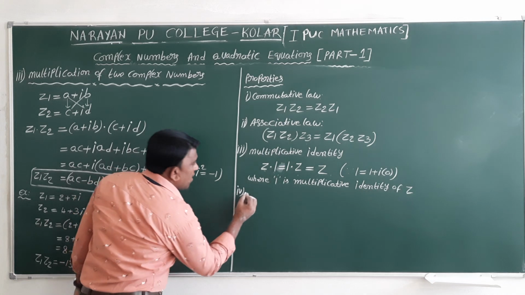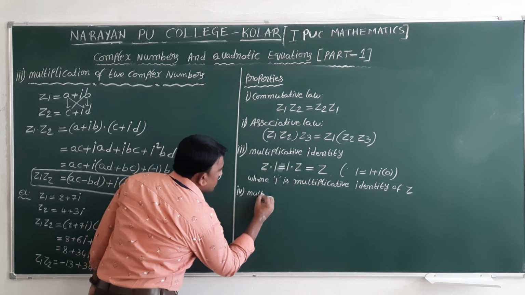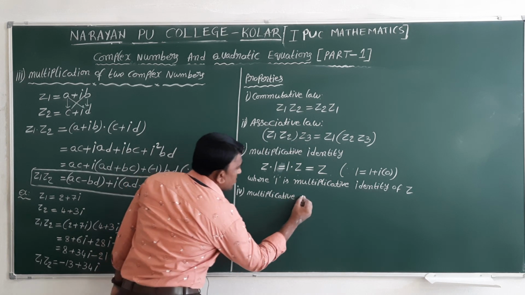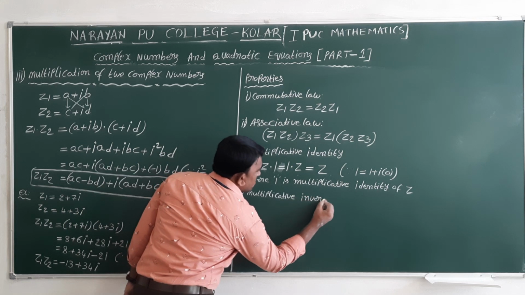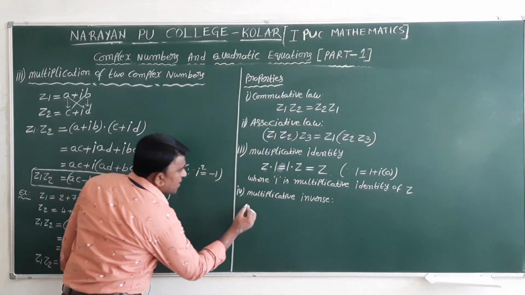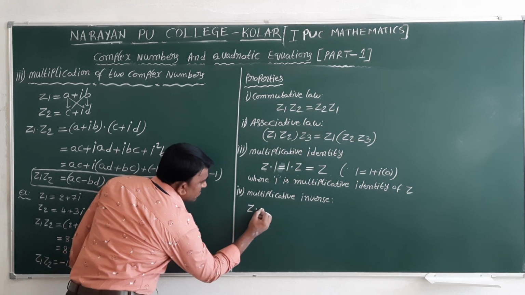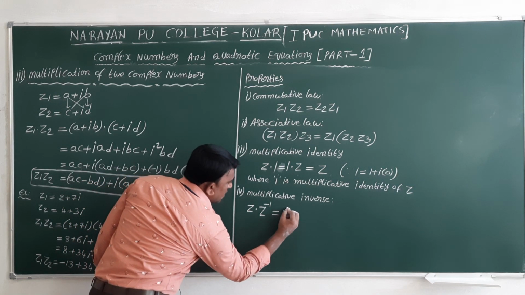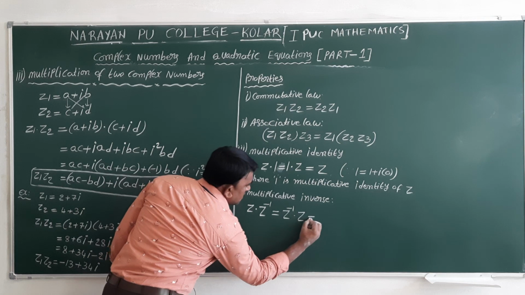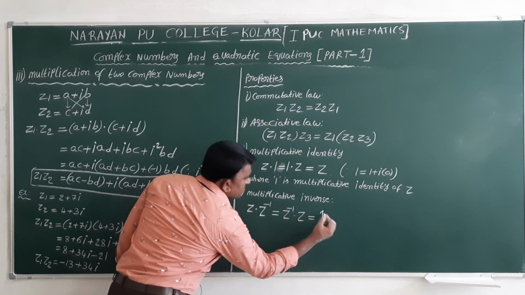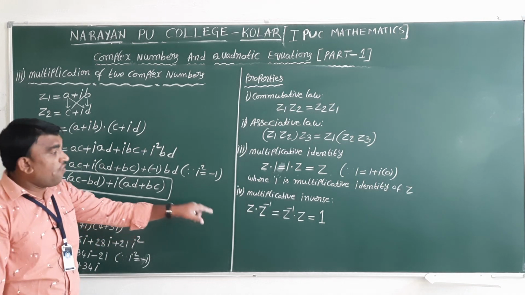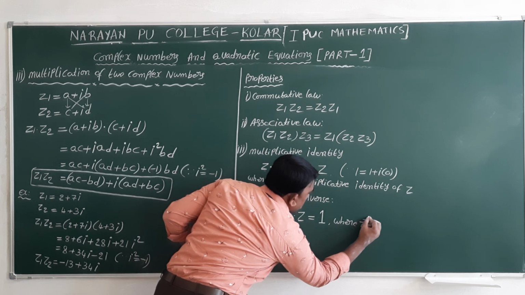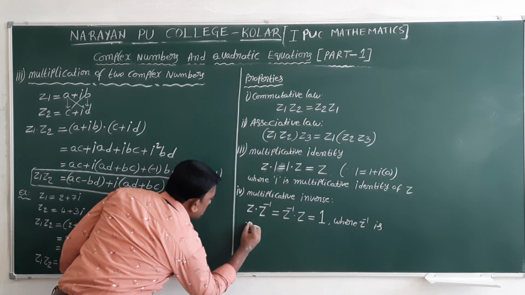property in multiplication, multiplicative inverse. So multiplicative inverse: z into z inverse is equal to z inverse into z is equal to 1, not i, it is 1, where z inverse is the multiplicative inverse of z.